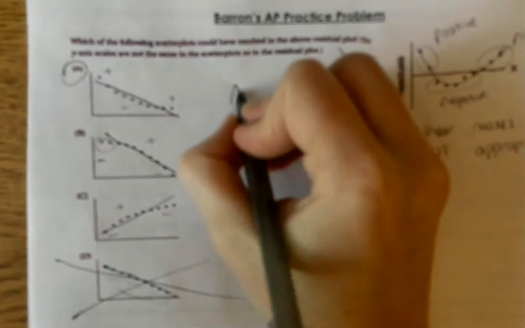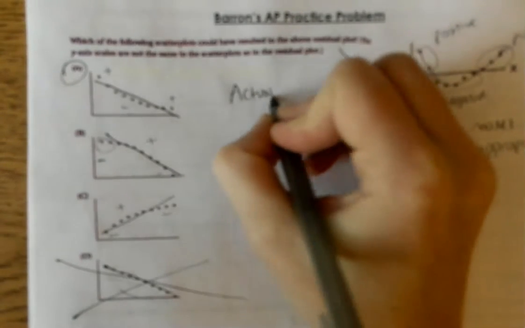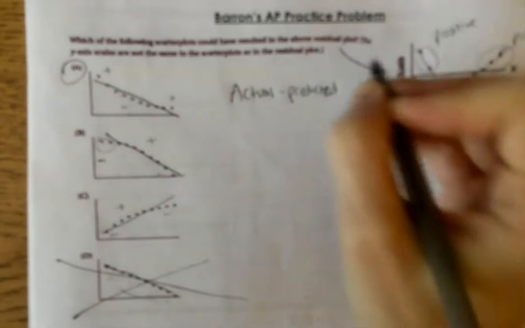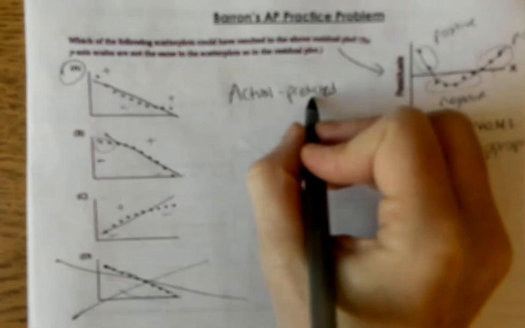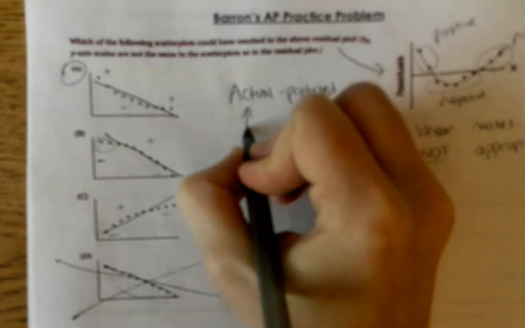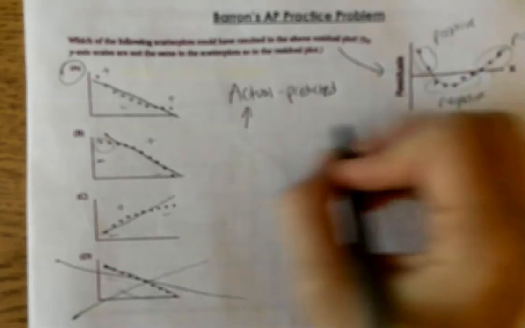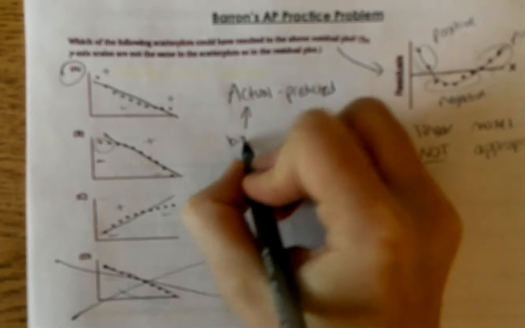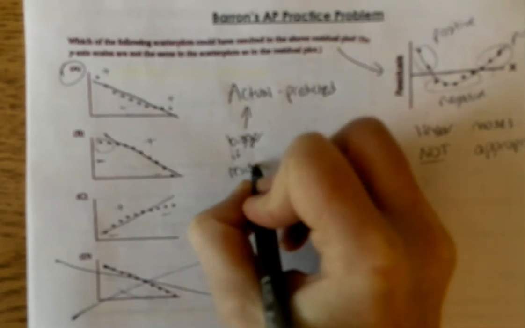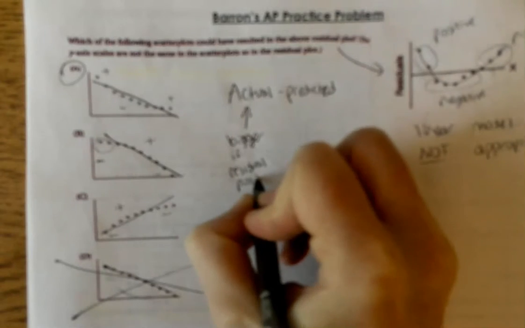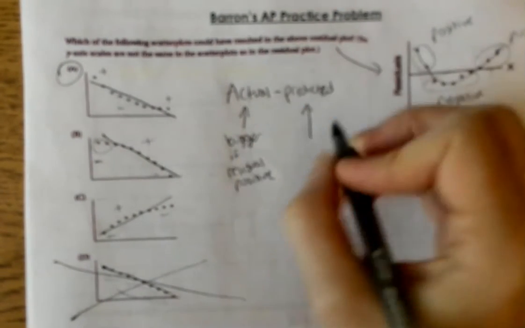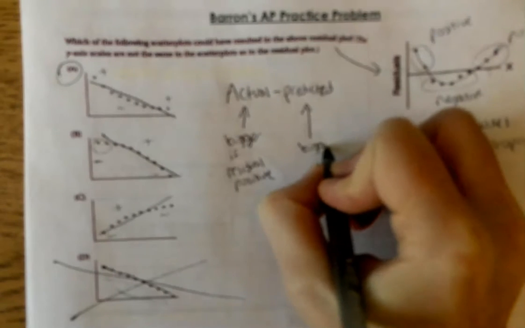Remember, we said that actual minus predicted. If I have actual minus predicted and it's a positive number, that means this was bigger. If we have actual minus predicted and it's negative, that means my predicted was bigger.